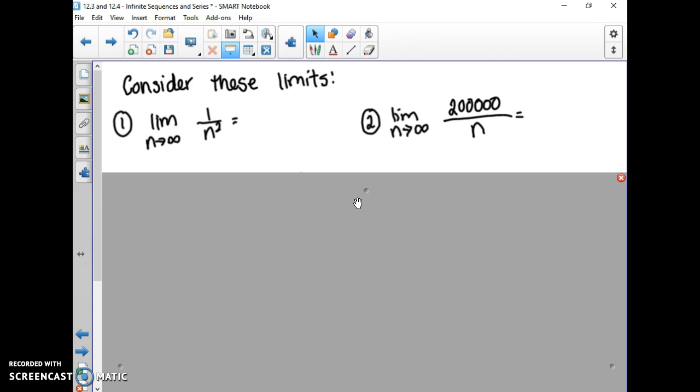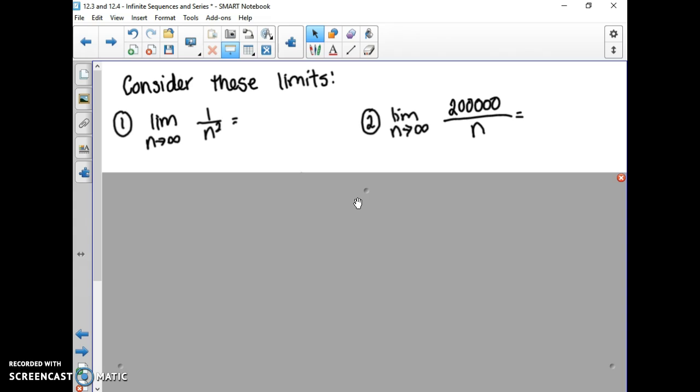First one. We've got now the limit as n approaches infinity of 1 over n squared. What is going to happen is that n gets bigger and bigger. What does the value approach? Still 0, right? In fact, it will approach 0 even more quickly than 1 over n, because you would have 1 over 1 squared, which is 1. You have 1 over 2 squared, which is 1/4. 1 over 3 squared, which is 1/9.